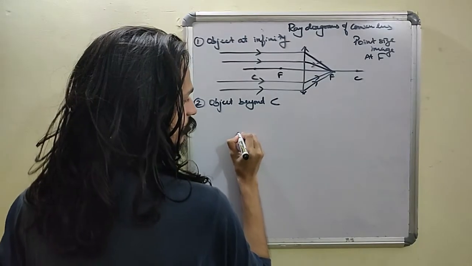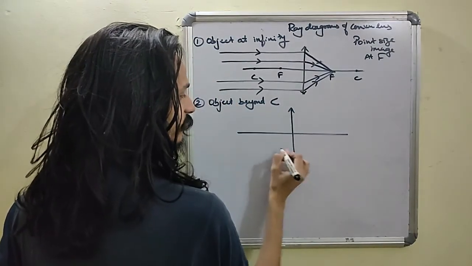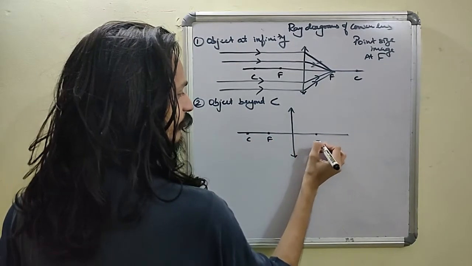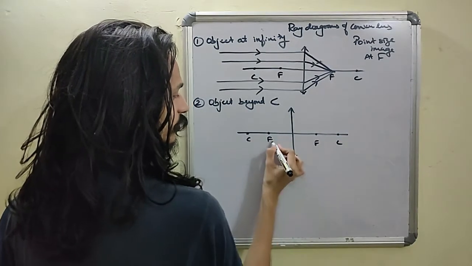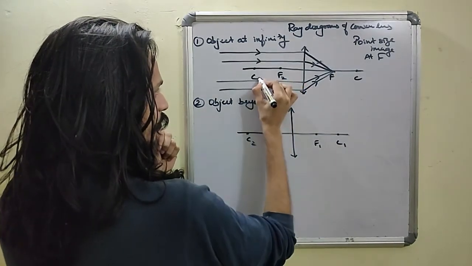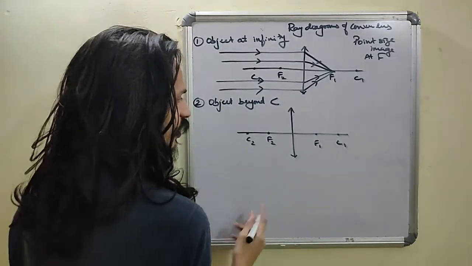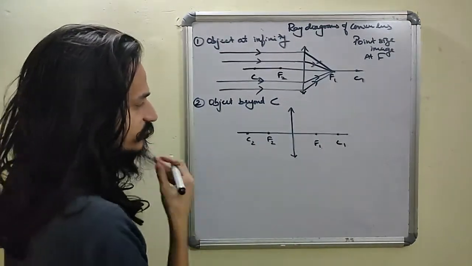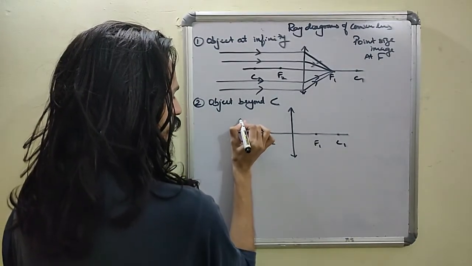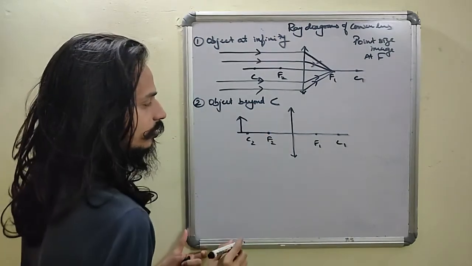So, principal axis, lens, F, C, F, and C. What about the numbering part? 1 and 0. You can switch them, it doesn't really make a difference. Now, say my object is beyond C, which is somewhere behind it. I'll draw it over here.